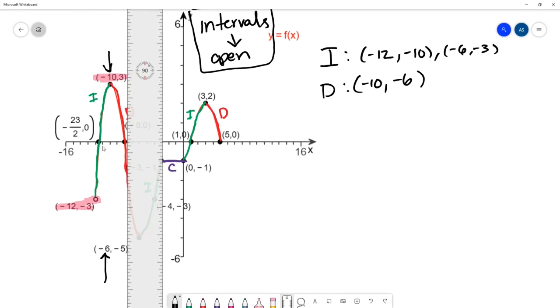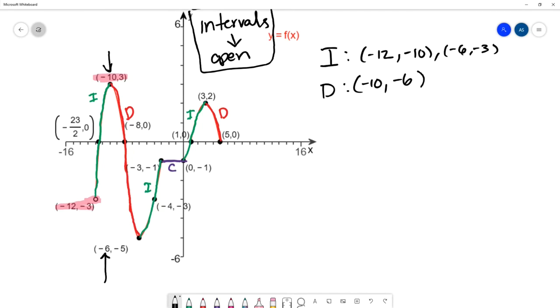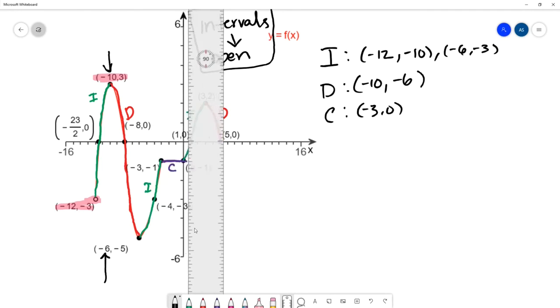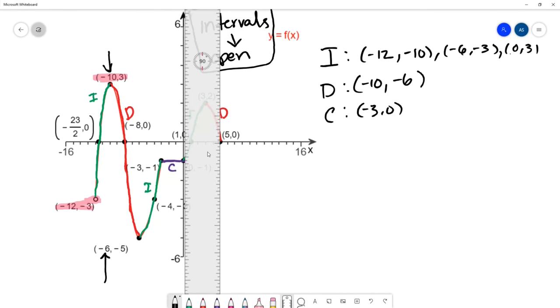The next interval is a constant interval, and it's starting at an x of -3 and stopping at an x of 0. The next interval is an increasing interval. It starts at 0 and goes to 3. And the last interval is a decreasing interval, 3 to 5.